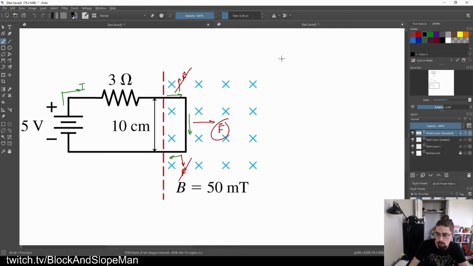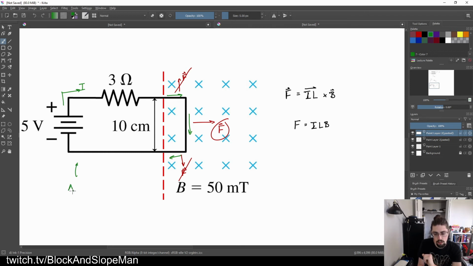Because now that I'm solving for that force, I'm going to say, okay, force would be equal to I L vector, because whichever one we pick, it doesn't really matter, crossed with B. But these things are perpendicular anyways, right? And I'm just worried about the magnitude. I've got the direction covered already, so I'm just going to write this out as F is equal to ILB. L is 10 centimeters. B is 50 millitesla. We need to find I real quick, but this is a simple circuit.